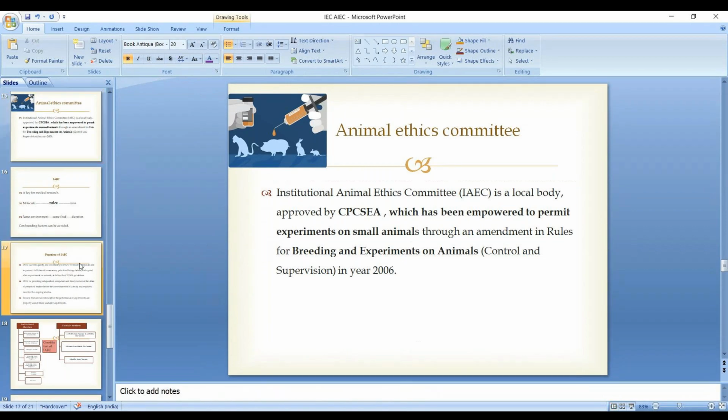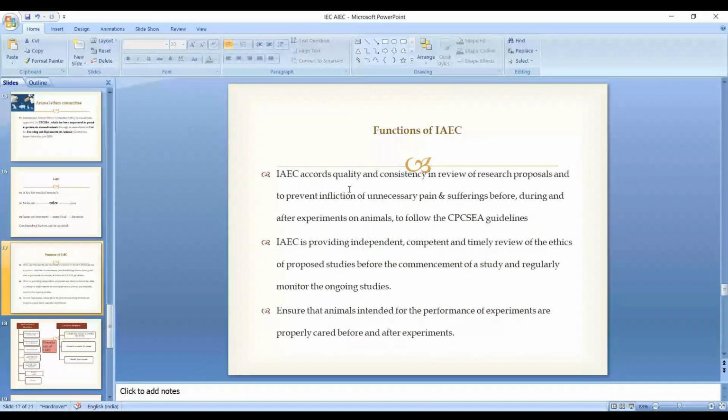What are the functions of the Animal Ethics Committee? It reviews research proposals in terms of quality and consistency.